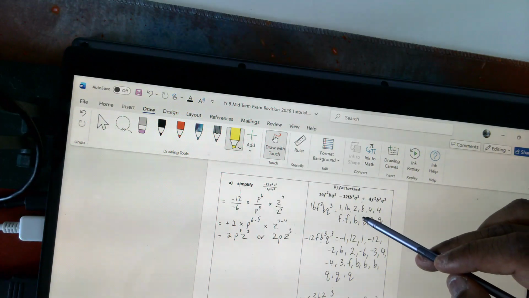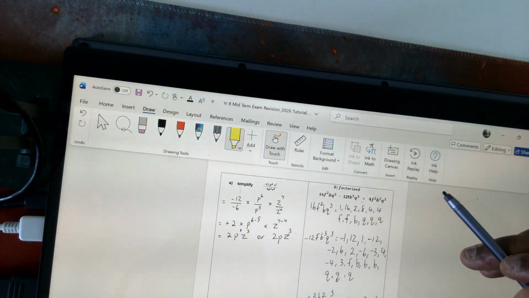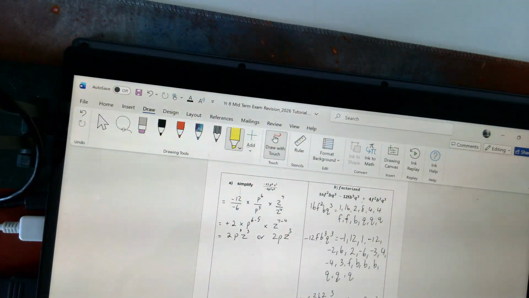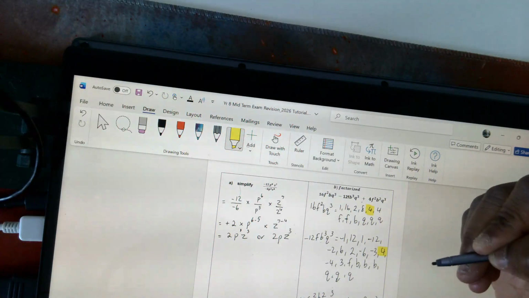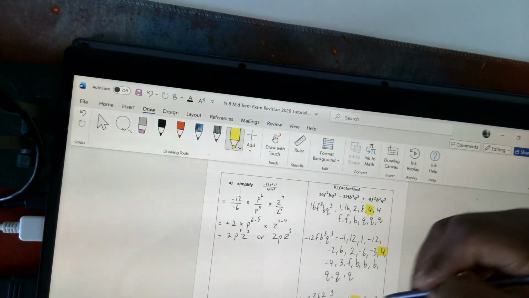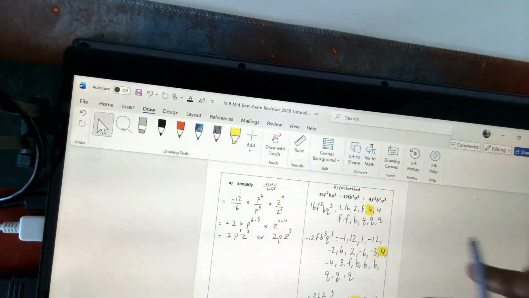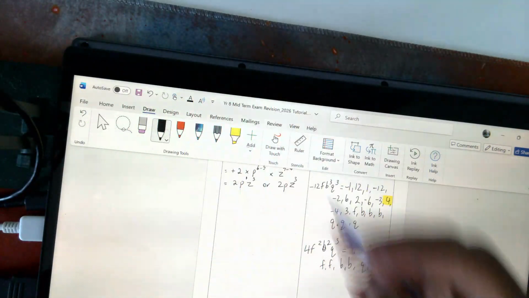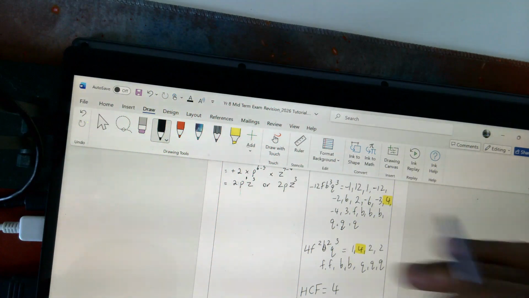That's my highest number here, but there's no 8 in 12, so it can't be 8. I can see 4 is the common term, positive 4 here, positive 4 there, and positive 4 there. So immediately, for my highest common factor, I can say I've got 4.